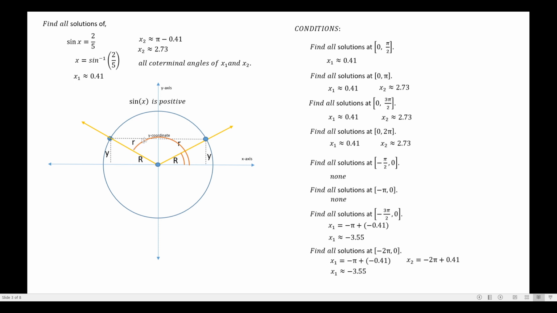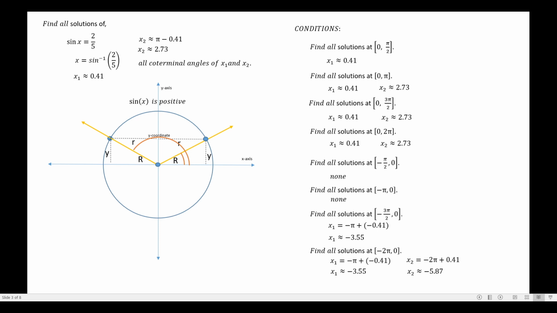Negative 2 pi is one full revolution. Oops, we exceeded the position of the terminal side, so we have to go back plus 0.41. So that should be approximately negative 5.87.